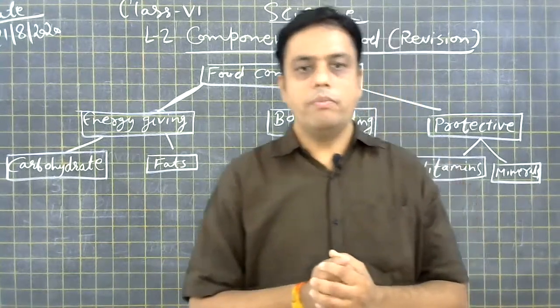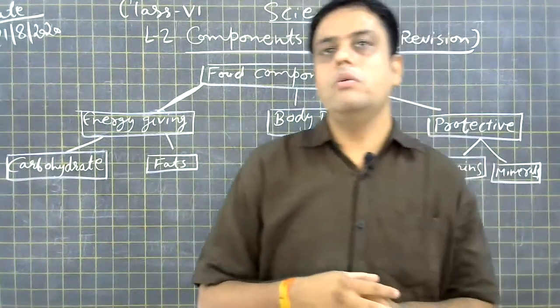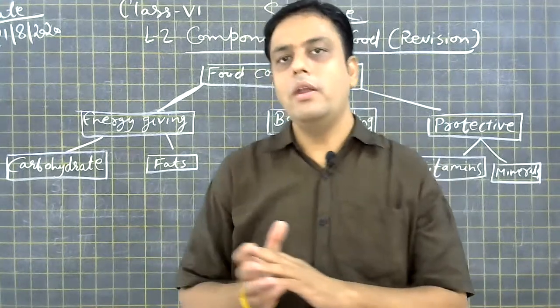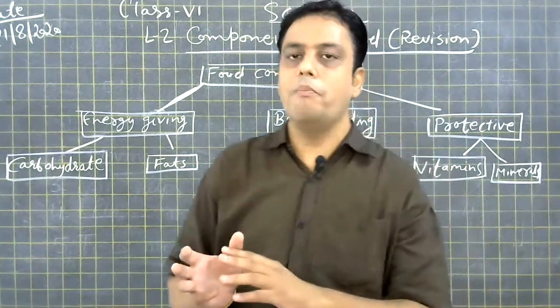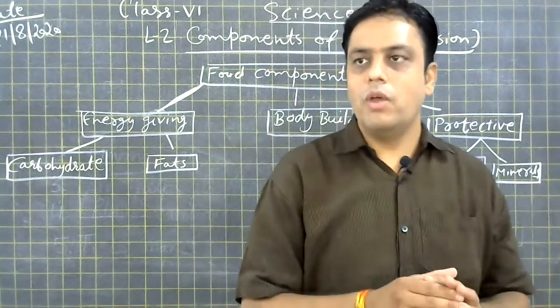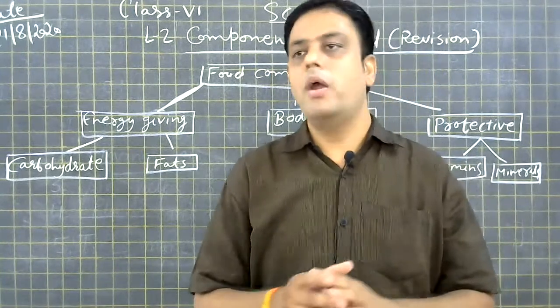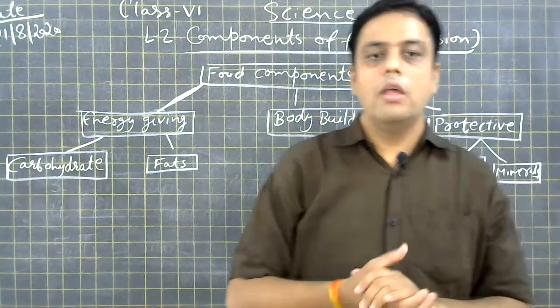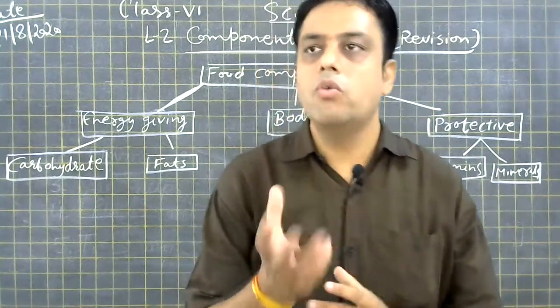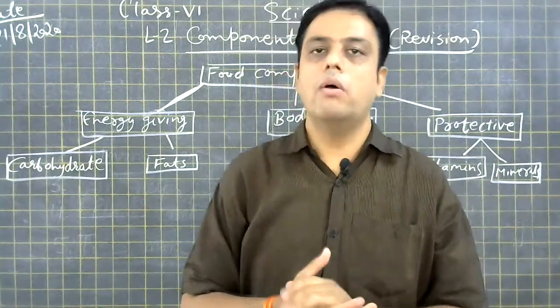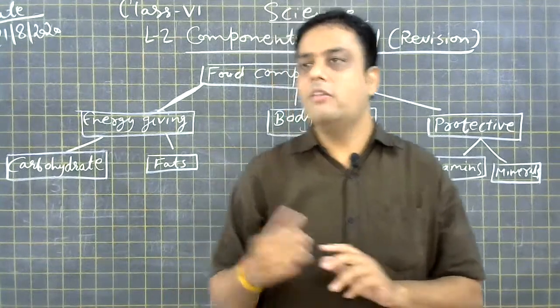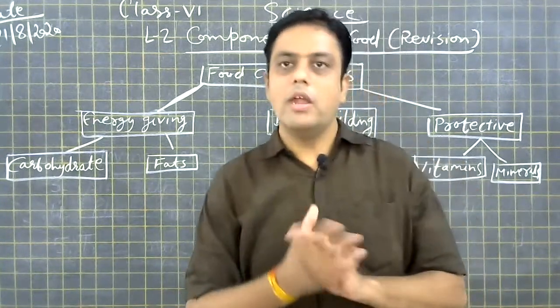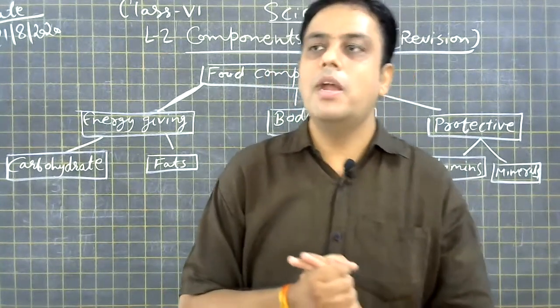Now, if we want to divide carbohydrate into 2 parts, there is simple carbohydrate and complex carbohydrate. A simple carbohydrate example is sugar. Sucrose is present in sugar. And rice is a complex carbohydrate, that is, starch is present in rice.